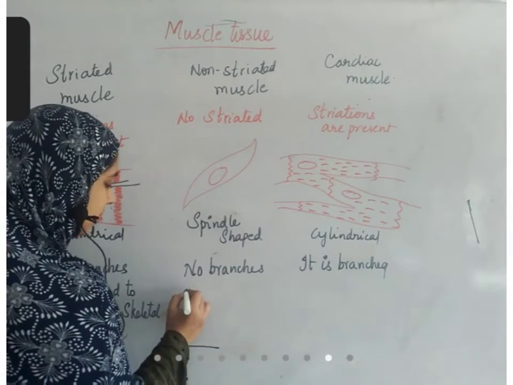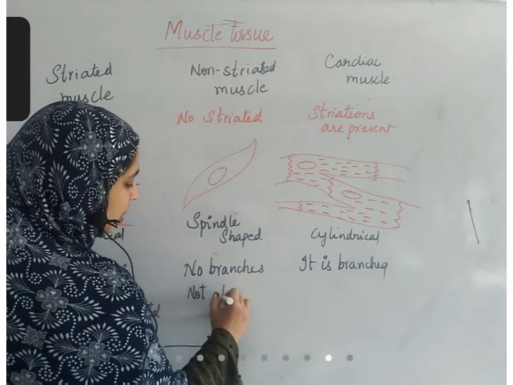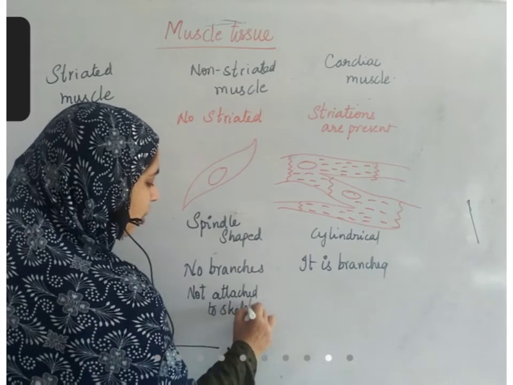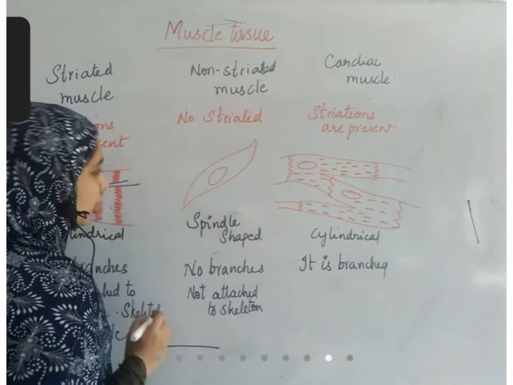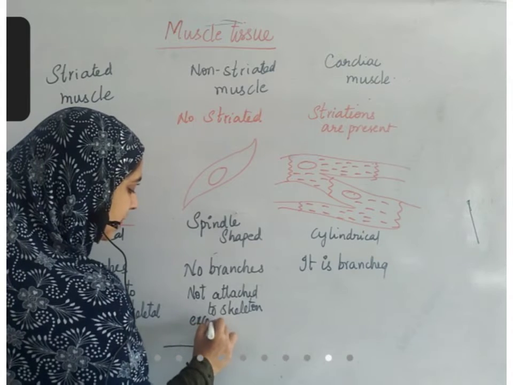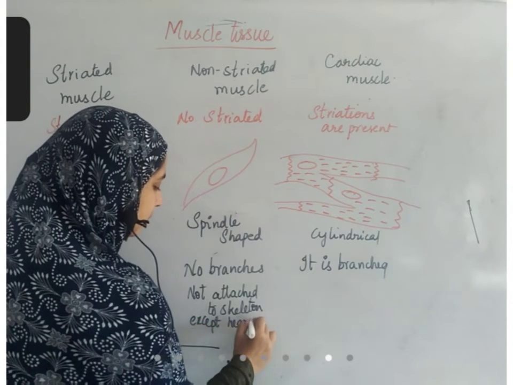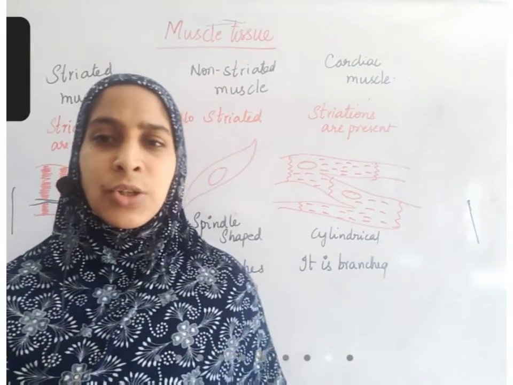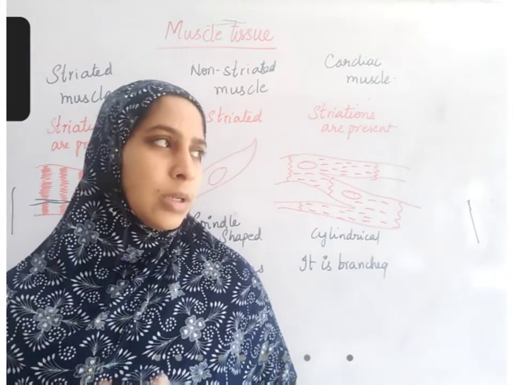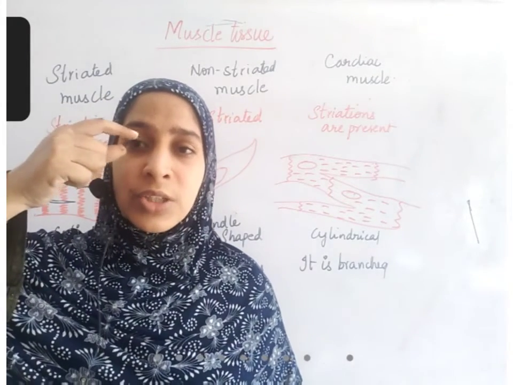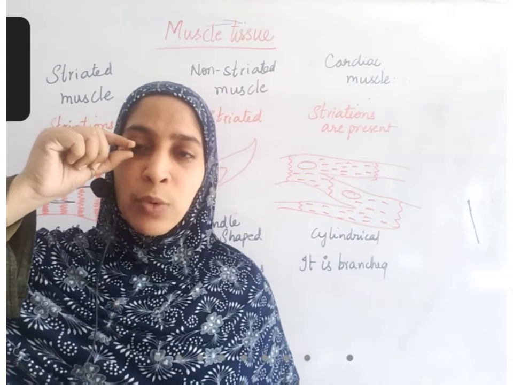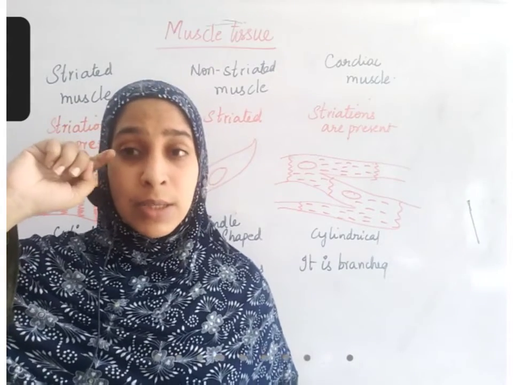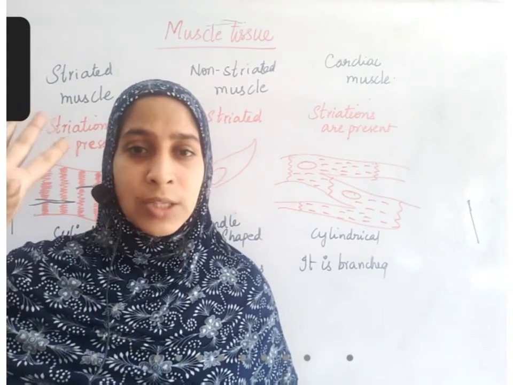Take other muscles not attached to the skeleton. All the muscles that are not attached to the skeleton are non-striated muscle, so you should write here except heart muscle. In the iris of the eyeball there is a small pupil that contracts and relaxes. That muscle is not attached to any bone.